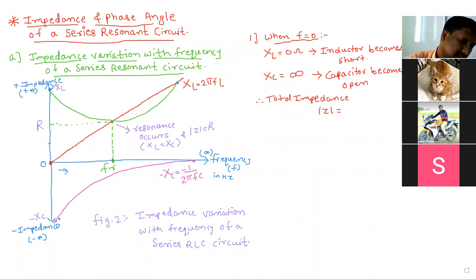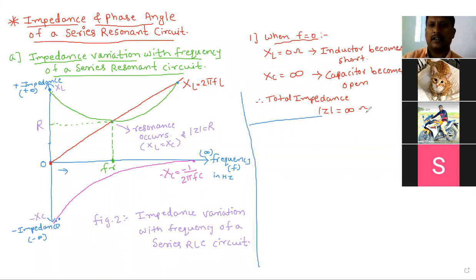It is infinite, right? Or put it in the formula: XL minus XC, XL is 0, XC is infinite, so infinite squared. Under root infinite squared is infinite. So at this frequency the total impedance is also infinite. These are the points happening at frequency f equal to 0.